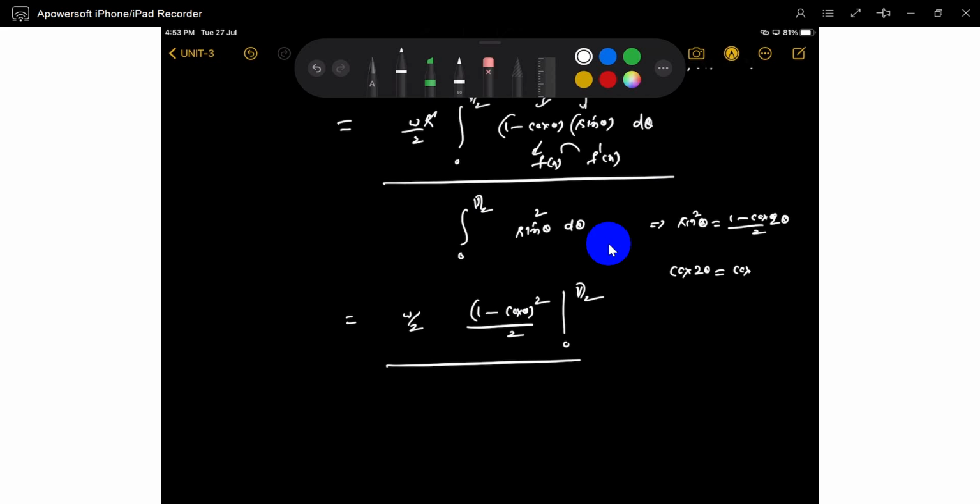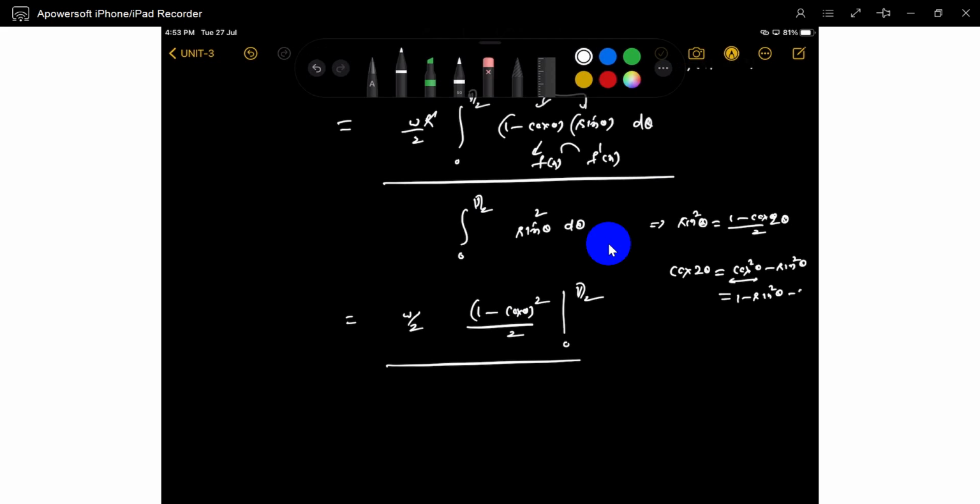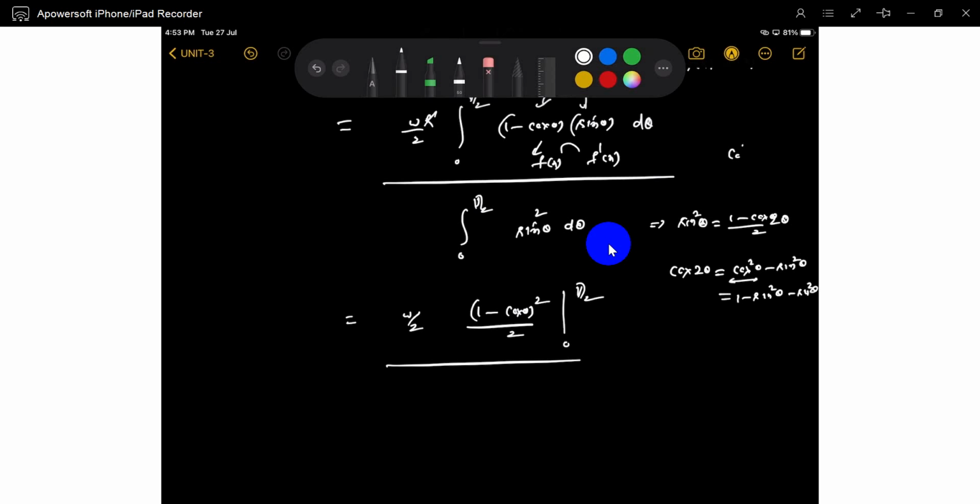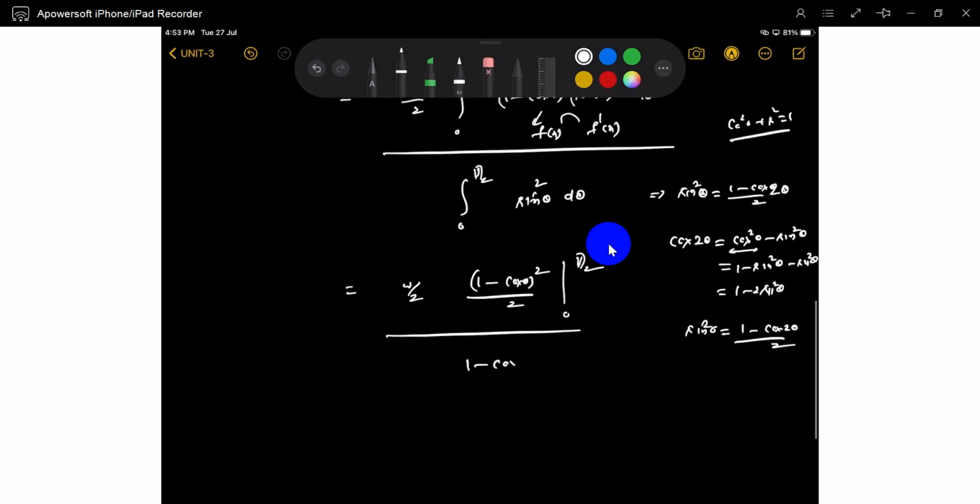Cos 2 theta equals cos square theta minus sin square theta. Cos square theta you can write as 1 minus sin square theta, because cos square theta plus sin square theta is equal to 1. So cos 2 theta is 1 minus 2 sin square theta. So sin square theta is equal to 1 minus cos 2 theta by 2.